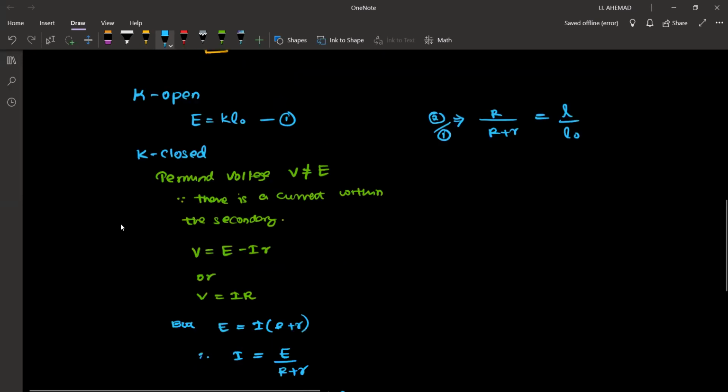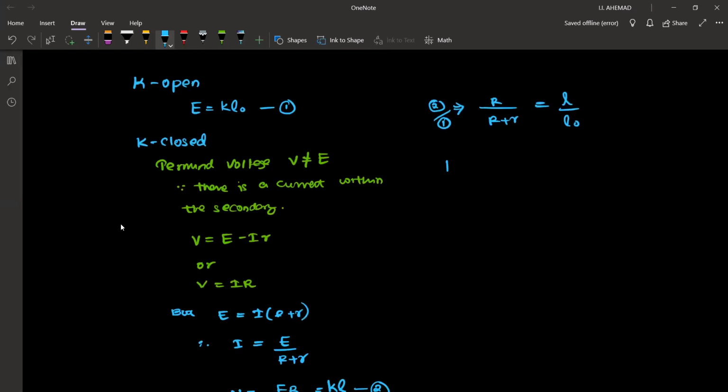So here your independent variable is R, and your dependent variable is L. So I have to try to get L to the y-axis and R to the x-axis.